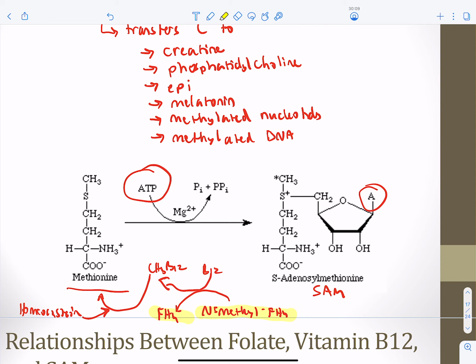Another thing to keep in mind is that if you do have a vitamin B12 deficiency, you're going to have elevated levels of homocysteine. And so elevated levels of homocysteine have been linked to cardiovascular disease as well as neurologic diseases.